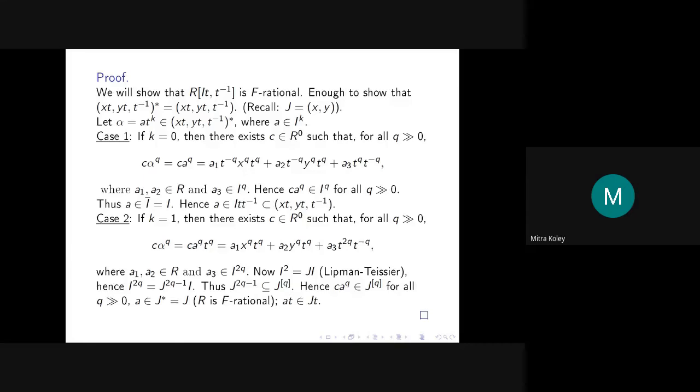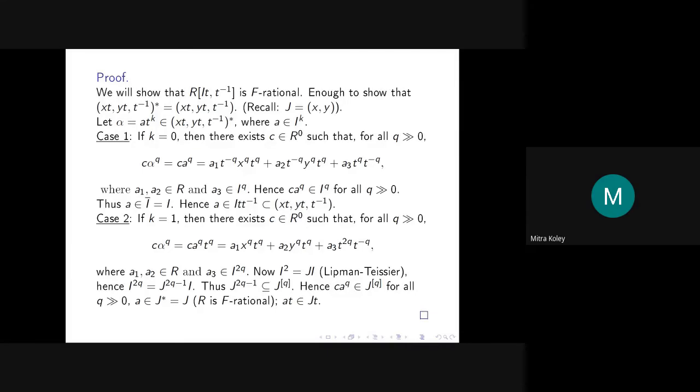Note that xy is a minimal reduction of I. Hence, xt, yt, and t inverse is a homogeneous SOP for the homogeneous maximal ideal of the extended Rees algebra, and it's enough to show that the tight closure of the homogeneous SOP is tightly closed.